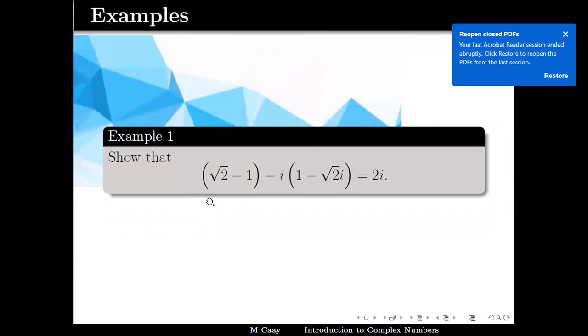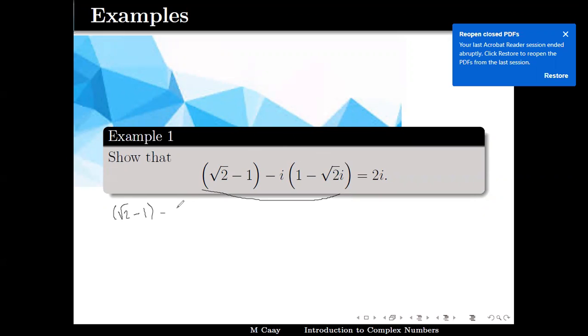Let's show that this equality holds. Let's verify on that. I have to simplify this, and my goal is to get the value for 2i. Observe that for square root of 2 minus 1, I can multiply i here individually.